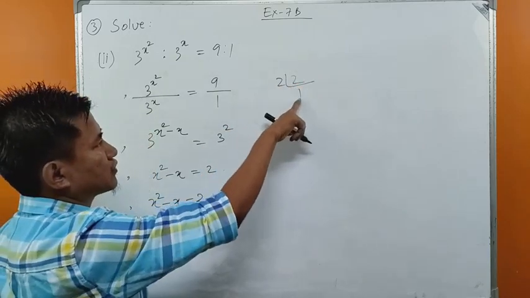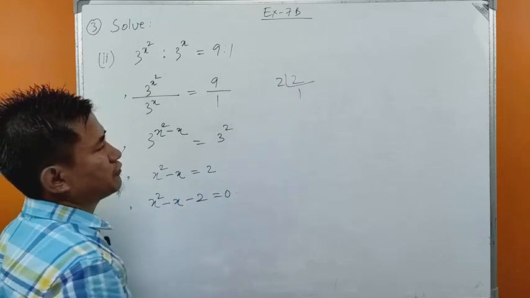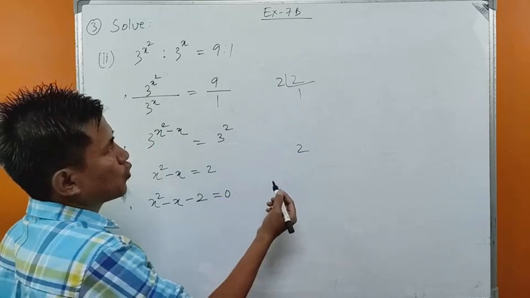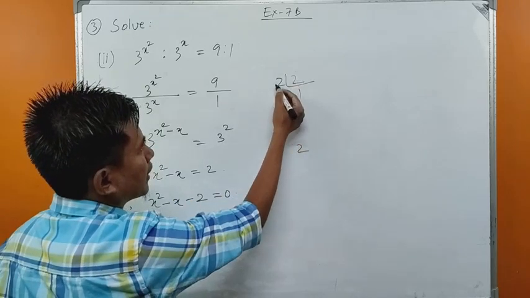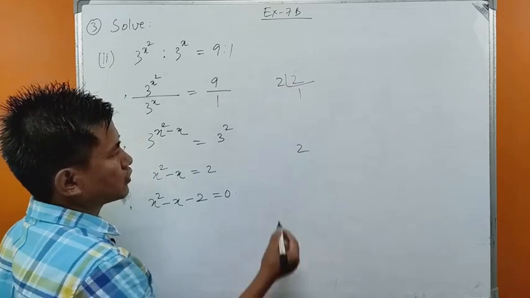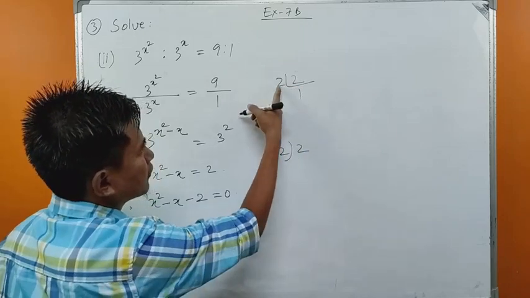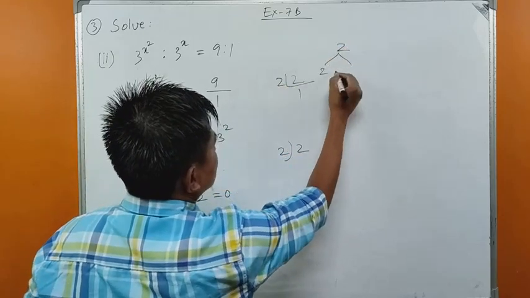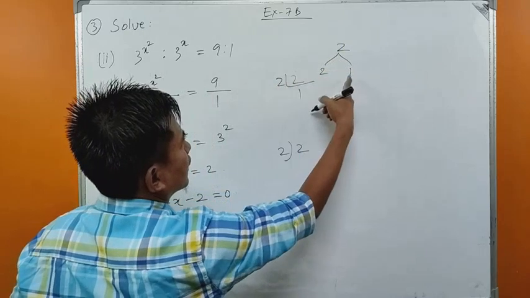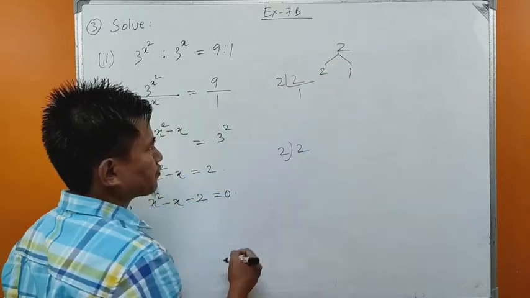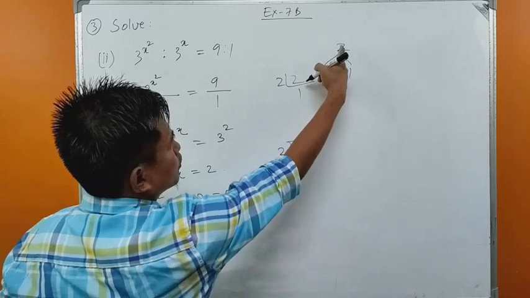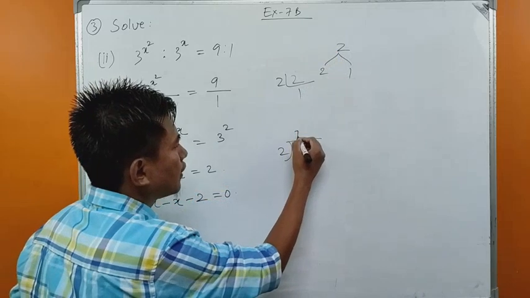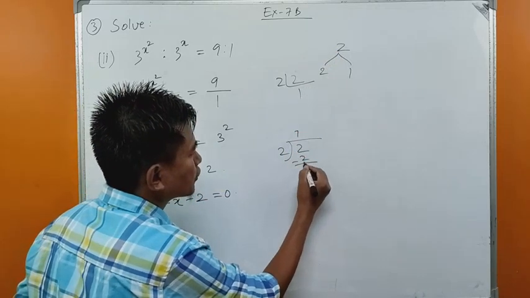Now we got these two factors. These two are the factors of 2. First let us understand what we mean by factor. Factor means when we divide 2 by any of these two numbers, we get the remainder 0. This 2 has factors 2 and 1. If I divide this 2 by any of these two numbers, I get the remainder 0. 2 1s are 2, 2 minus 2 is 0.